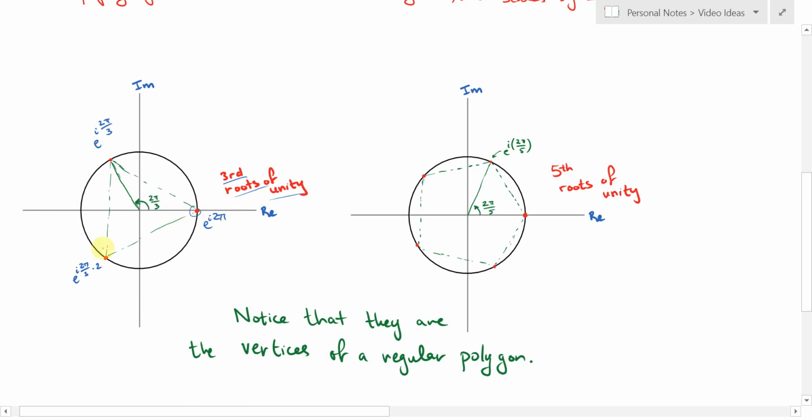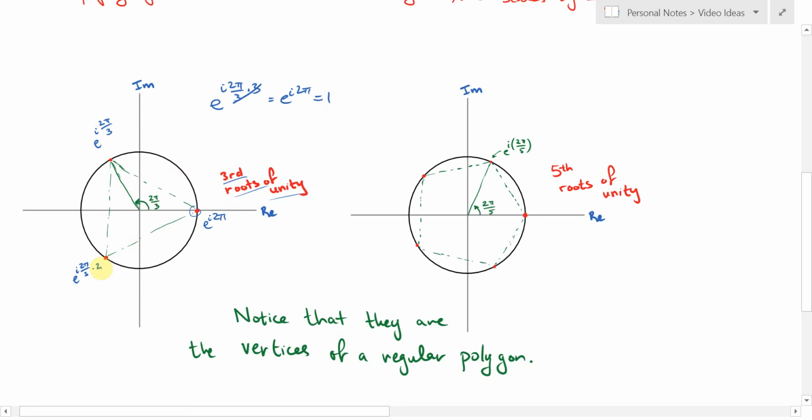So these are the so-called third roots of unity. And if you take any one of them to the third power, right, obviously e to the i 2 pi over 3 to the third power, a power of a power multiplies the powers. So that's the same as just multiplying the exponent by 3, which cancels, which gives us e to the i 2 pi, which is equal to 1. So these really are the third roots of unity.